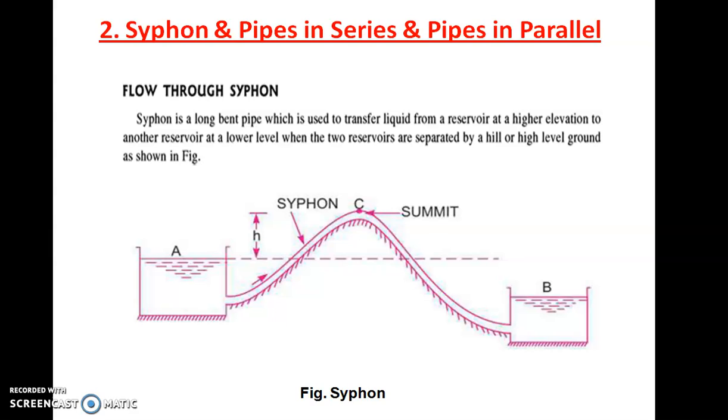So it is a useful phenomenon to carry water naturally from tank A to B. We need not provide a pump for carrying water from A to B. So this is a very important term which is used for carrying water without using any external source of energy.